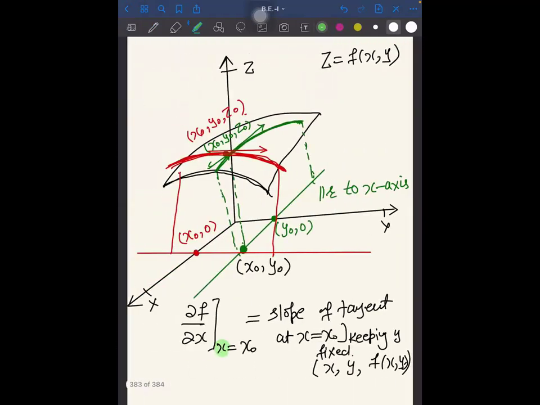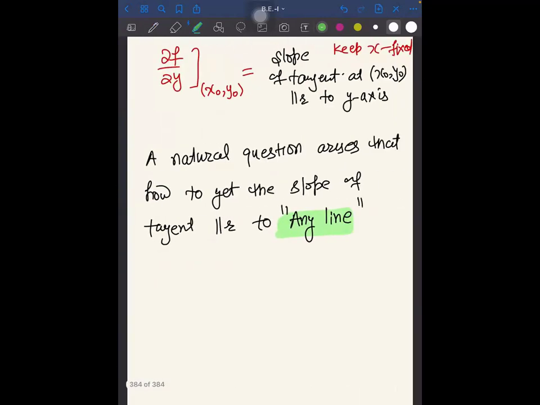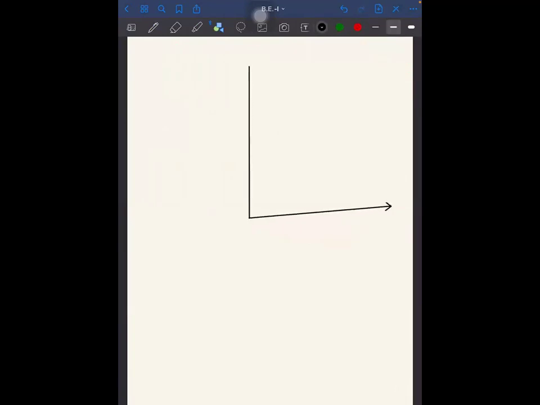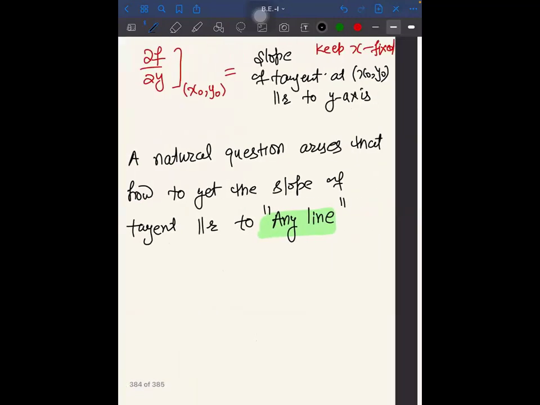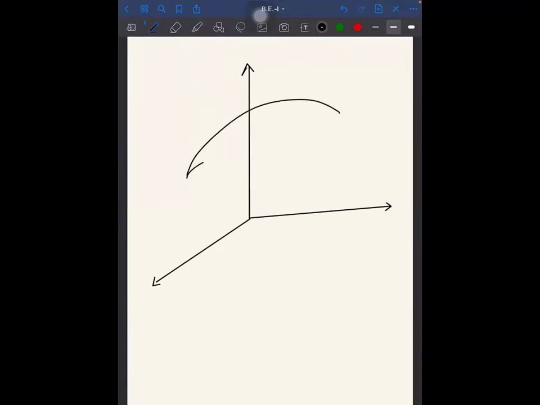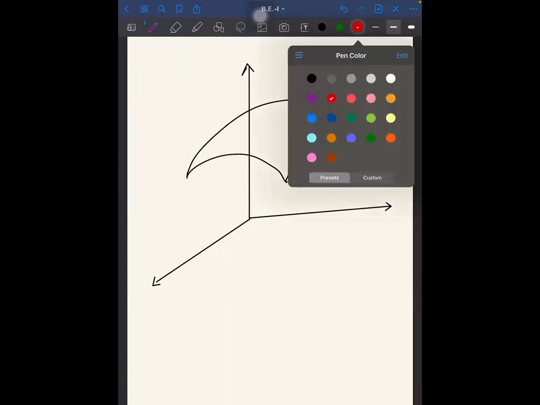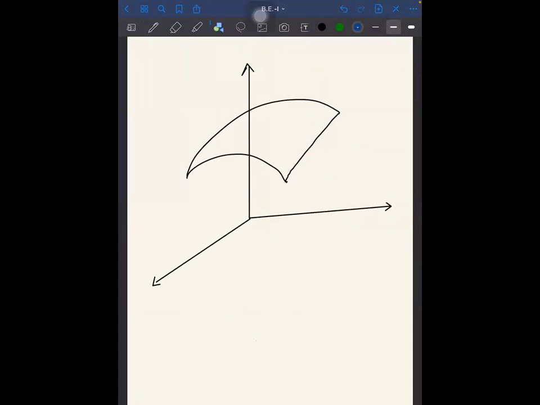Why? Because we have these two things. We are saying that either our tangent is parallel to the x-axis or our tangent is parallel to the y-axis. But what happens if I take the same picture and make a sheet just like this, and I say that now your new blue line is this? Is it a line which is parallel to the x-axis?